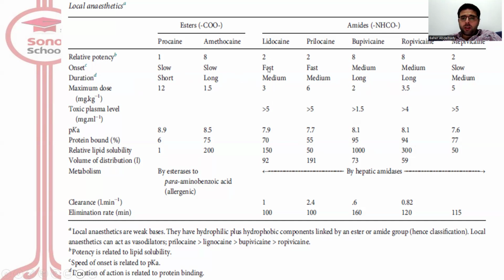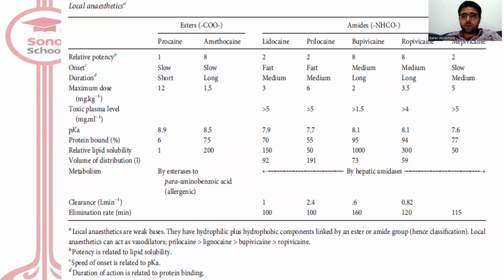Regarding the onset, lidocaine is fast, bupivacaine is medium. Usually, for short procedures, we use lidocaine. For long procedures or for post-operative analgesia, we use bupivacaine. We can add adrenaline to lidocaine to increase the duration and increase the dose.